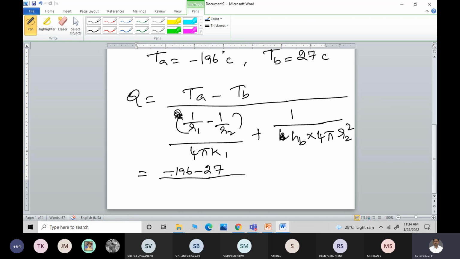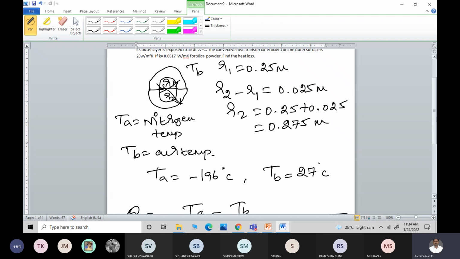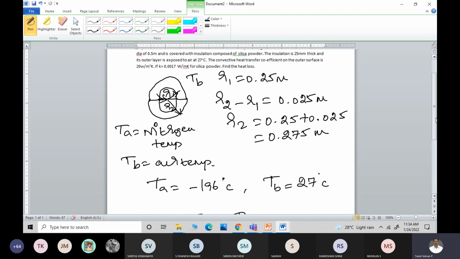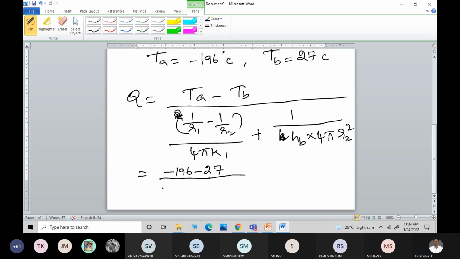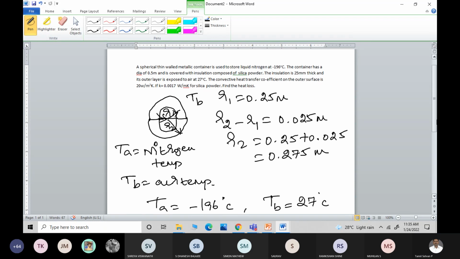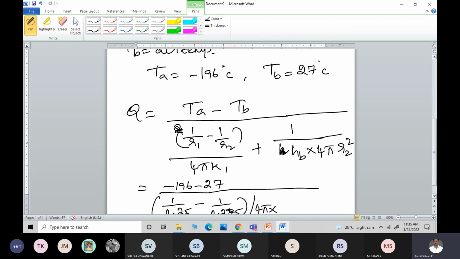1 by R1, so radius R1, R2, now I have to check. R1 is 0.25 and R2 is 0.275, divided by 4 pi K. What is the thermal conductivity? 0.0017.